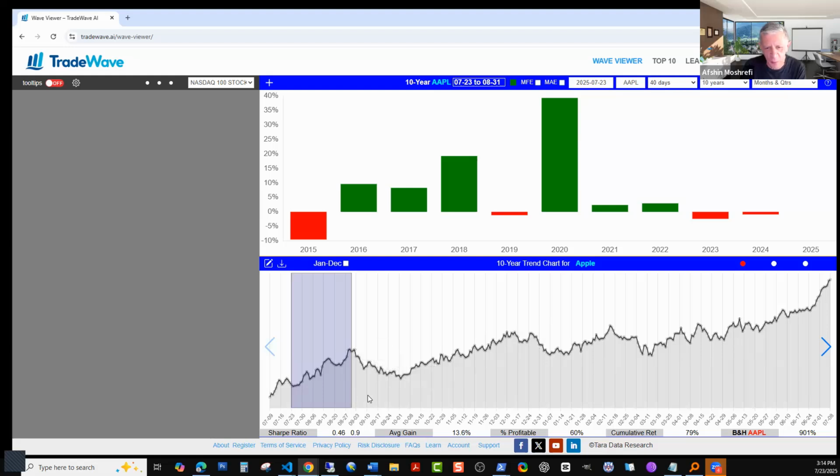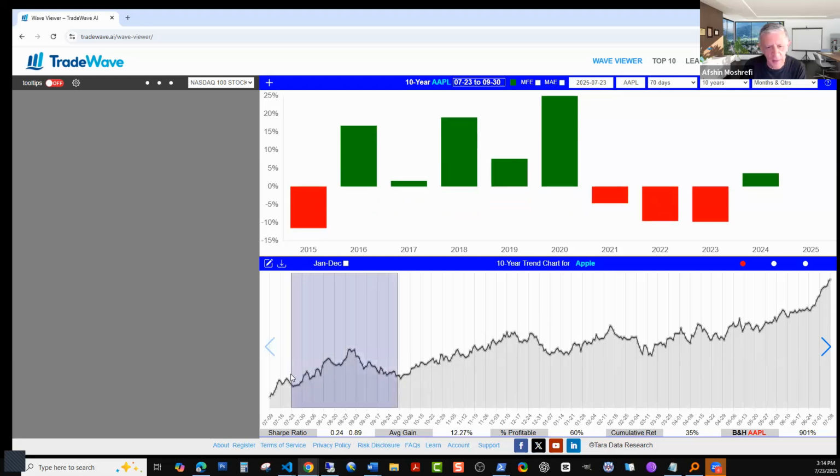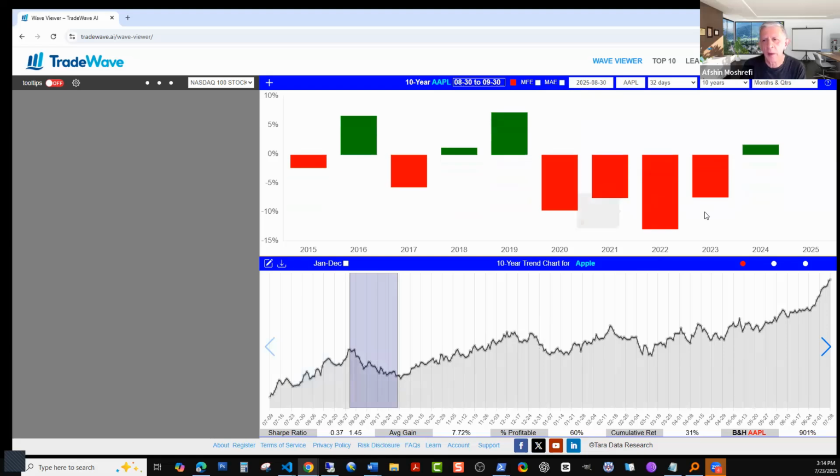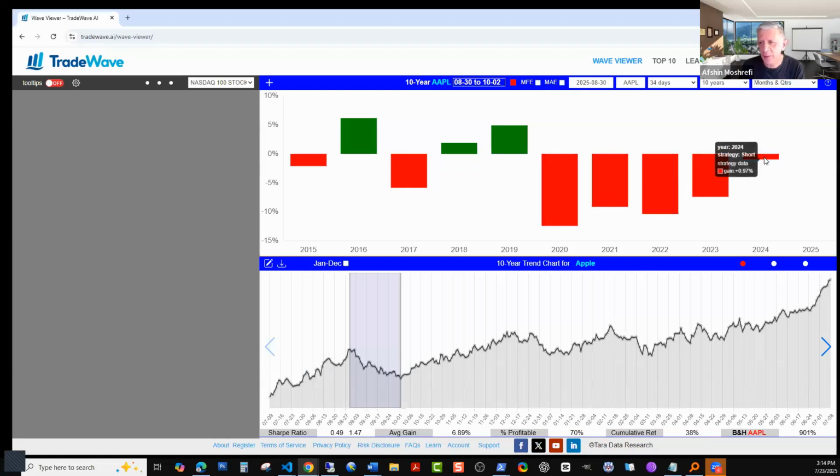Let's take a look at what it looks like up there. See that? Because it was a downtrend, we just knew that it was going to have a lot of red, and it does. Last year, there was a loss of 0.97%.